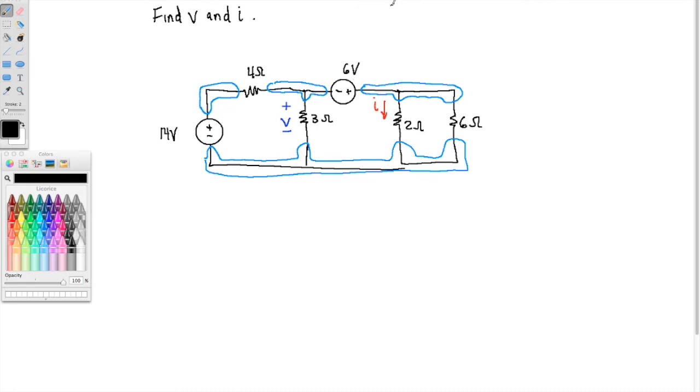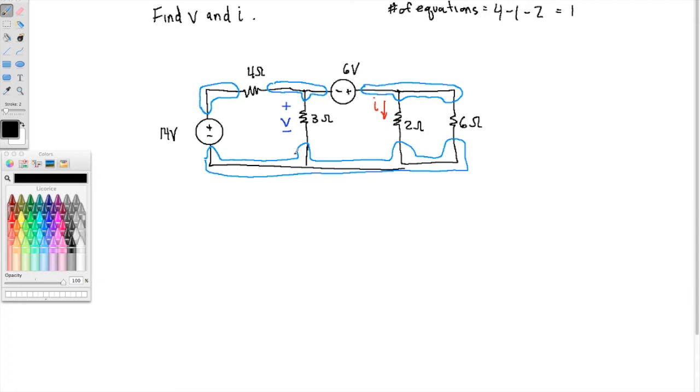Well, number of equations equals 4 nodes minus 1 for ground minus the number of voltage sources, which is 2. So 4 minus 1 minus 2. We'll just need one equation.